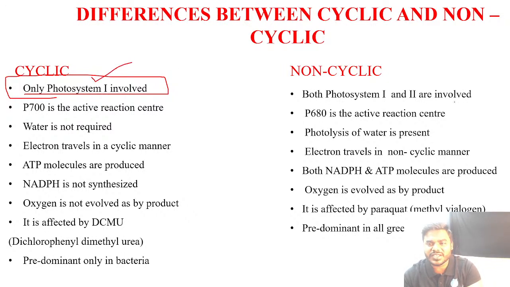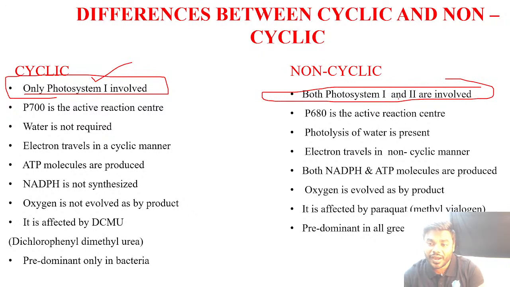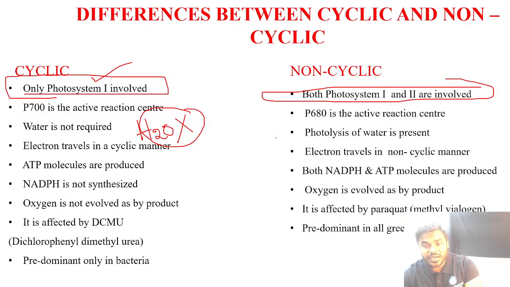Only one photosystem is involved in the cyclic, but in the non-cyclic, both photosystem 1 and photosystem 2 are involved. And very important, friends, in cyclic photophosphorylation, photolysis of water, the breakdown of water, never ever takes place. In the non-cyclic, the breakdown of water compulsorily takes place.